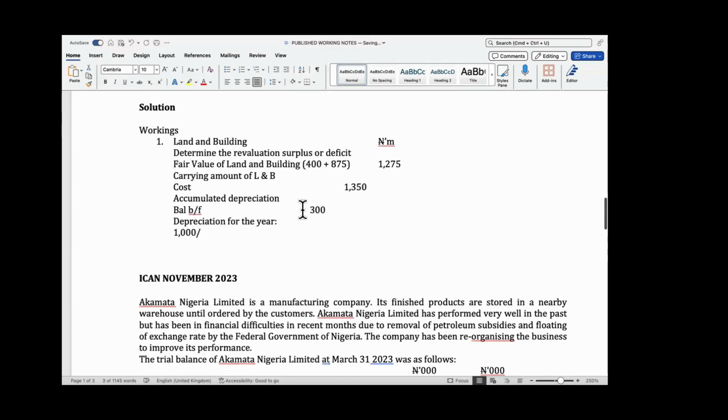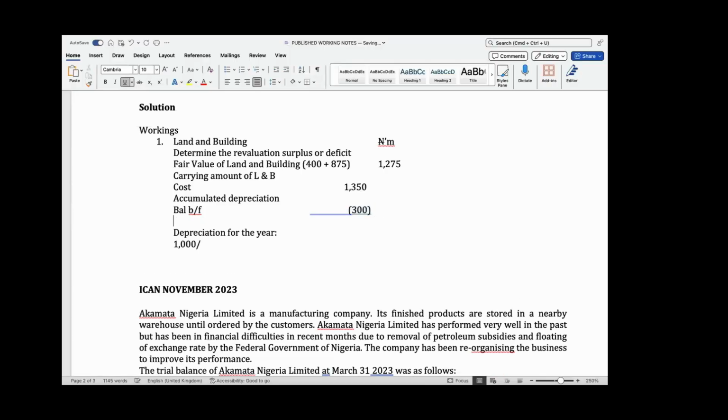So that means depreciation will be computed on the opening carrying amount. So 1,350 less the accumulated depreciation. So depreciation for the year is just how much?